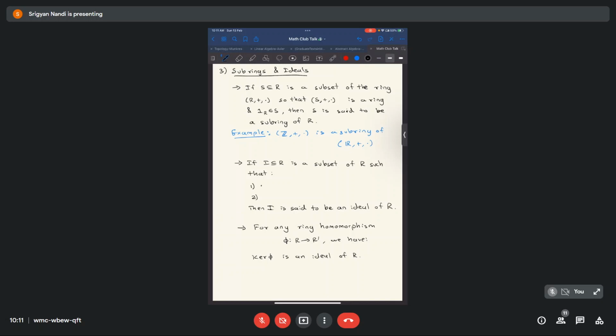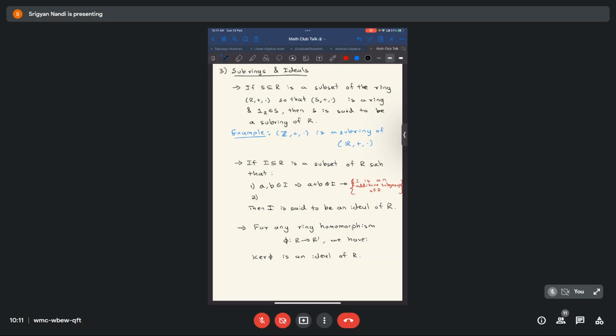The first one being if A and B belong to I, that should imply that the sum A plus B belongs to I. So this can be summarized concisely by thinking of it as I is an additive subgroup of R. So addition is closed in I.